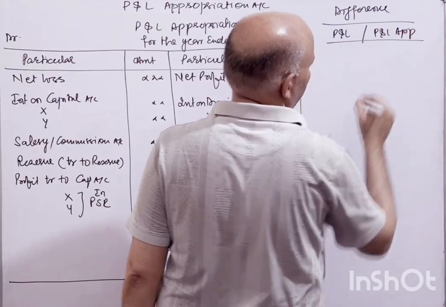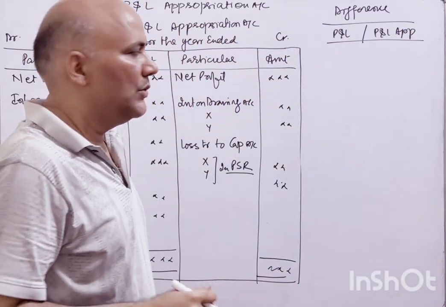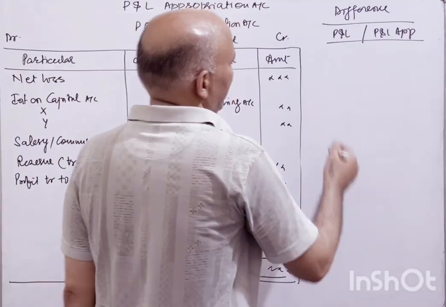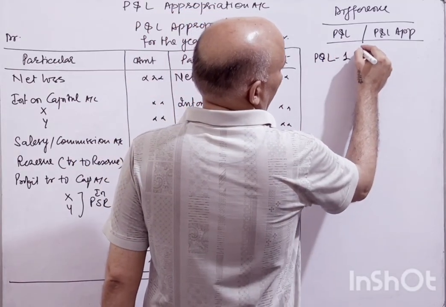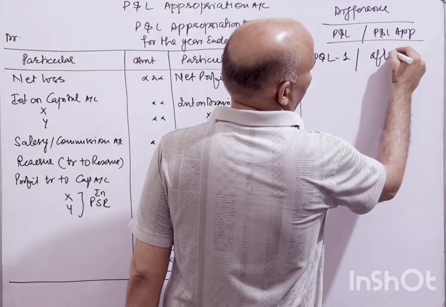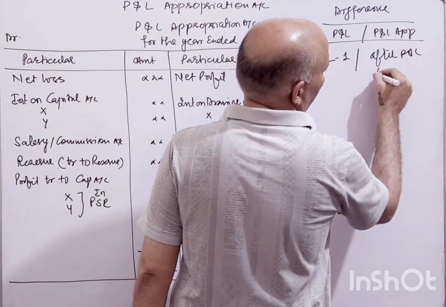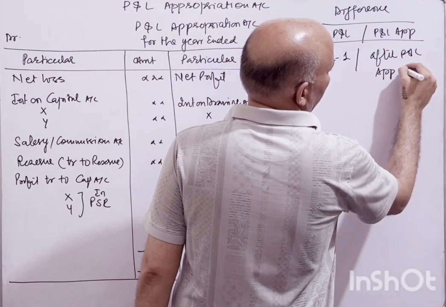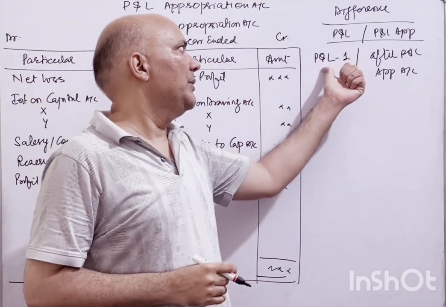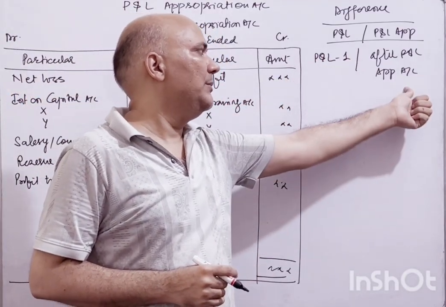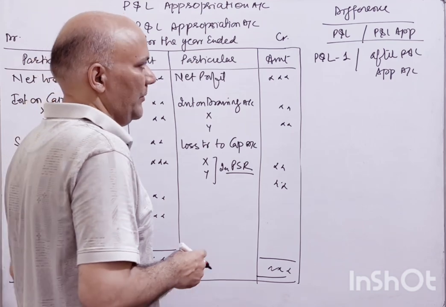What is the difference? First, profit and loss is prepared first, and after that profit and loss appropriation account is prepared, right? First you have to prepare the profit and loss account, after that the profit and loss appropriation account.